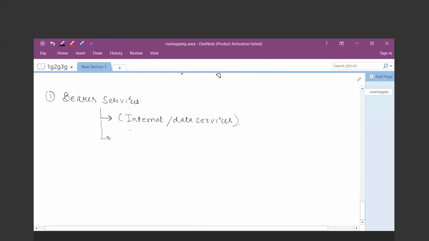So these types of things are related to bearer services. And by using these bearer services, you can run any services that are actually hosted at a remote location. Just like in your mobile phones, there are some apps like the Gmail app, Google app, right? Because you are connected to the internet, you just have to press the app.